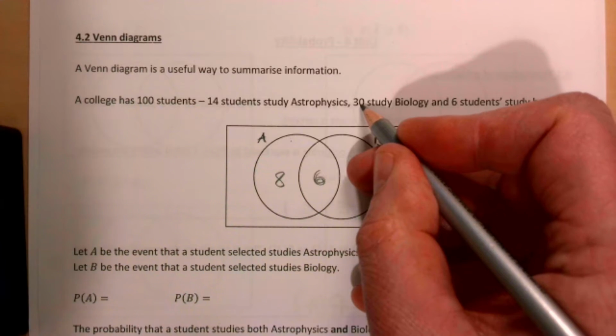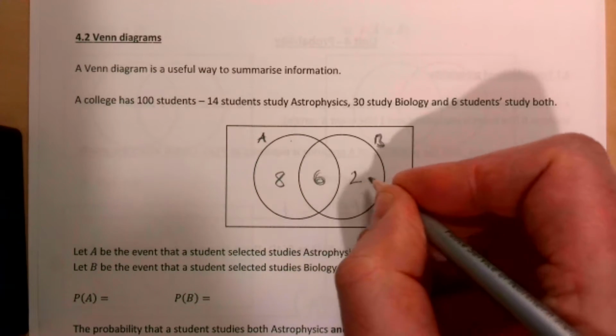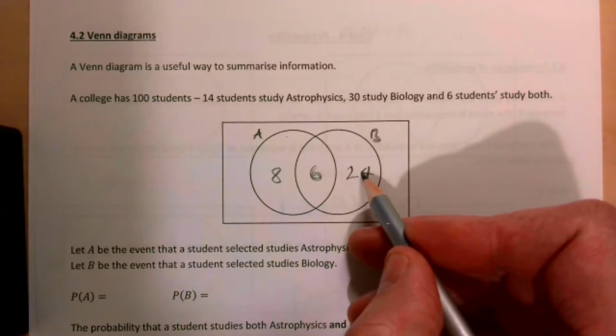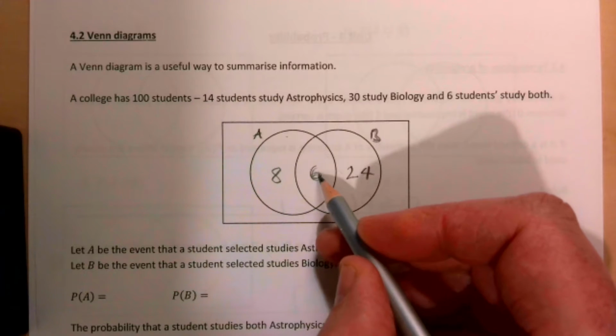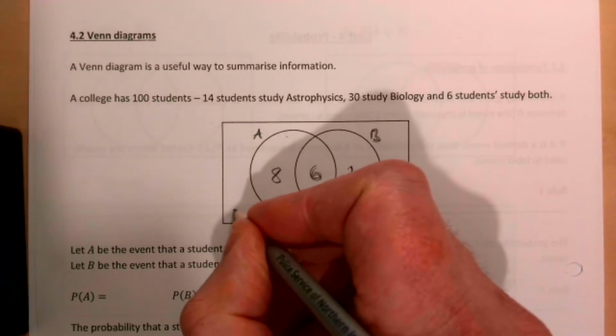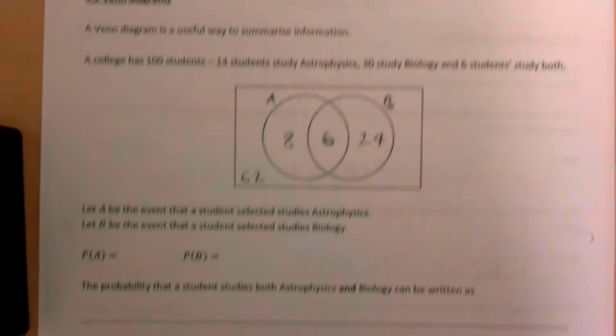If 30 study biology and 6 of them are here, then we must have 24 of them here. So that means we have 24 plus 6, which is 30, plus 8 gives us 38. So that means 62 must then study neither.